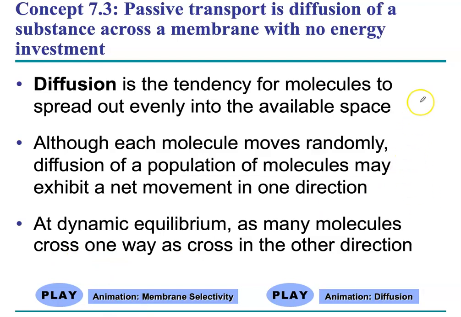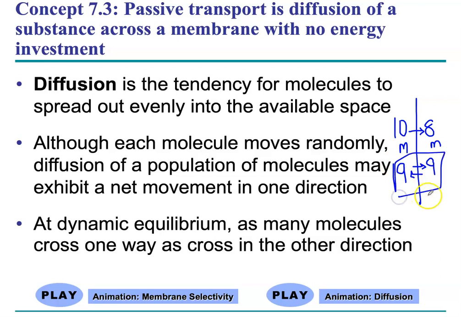So if I have a semi-permeable membrane and I have 10 moles of molecules here, and I have 8 moles of molecule here, then it's going to keep going in that direction. There'll be a high movement in that direction. And once both become 9, there is still going to be movement in that direction as well as this direction. But the net movement is going to be 0. That is what a dynamic equilibrium is.